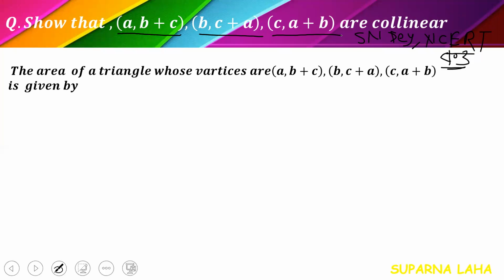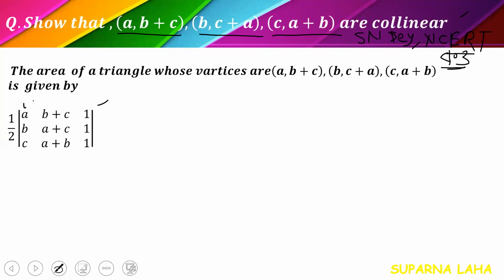This is given by A, B plus C, 1, B, A plus C, 1 and C, A plus B, 1. Now look at that. Not always, for finding the determinant value, you need to break it. Since here you need to show collinearity, look at this determinant.